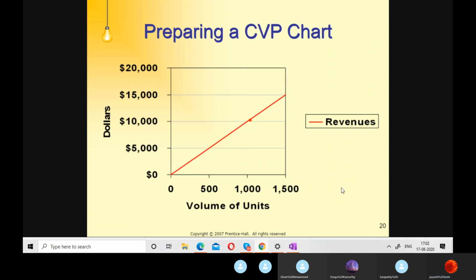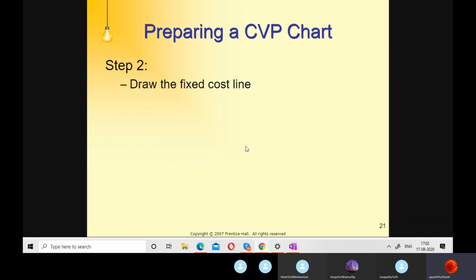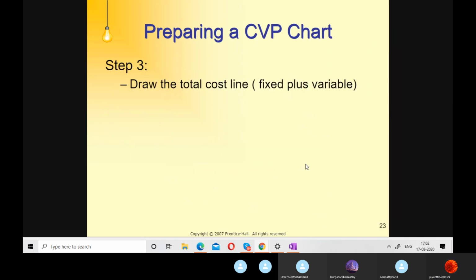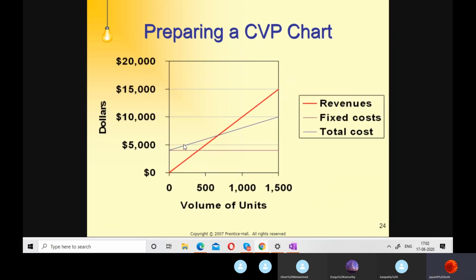Okay, fixed cost is always fixed. Total cost is this, because total cost is a combination of fixed cost and variable cost, and the fixed element will be fixed.